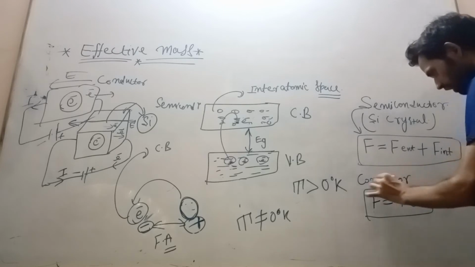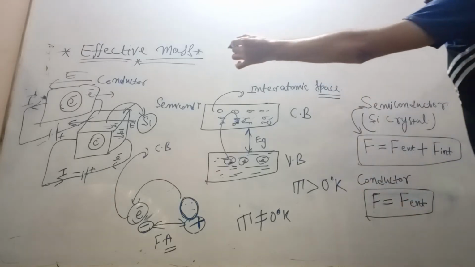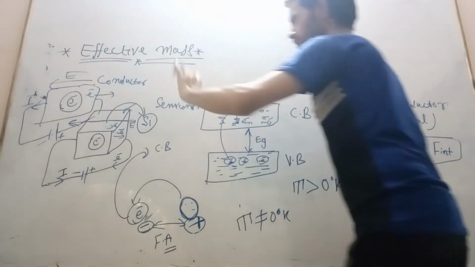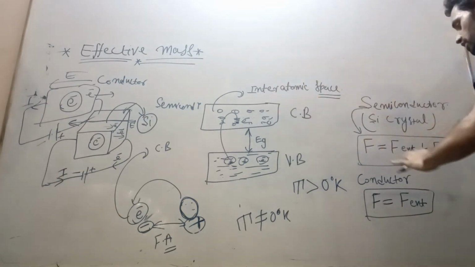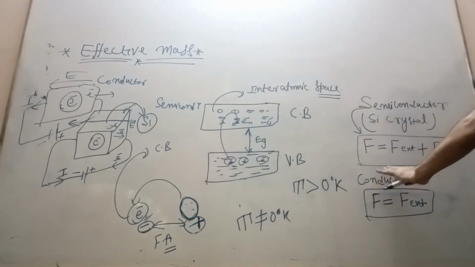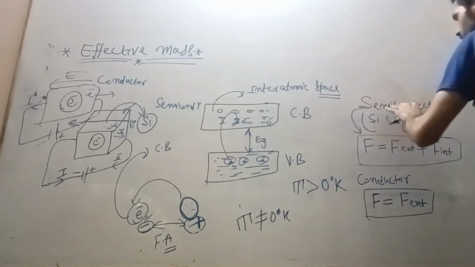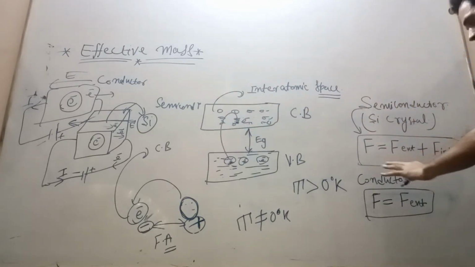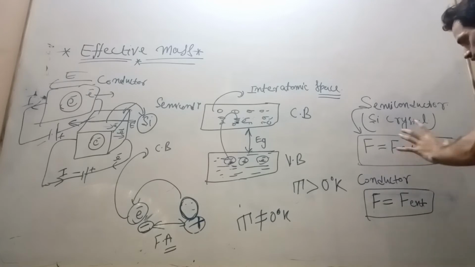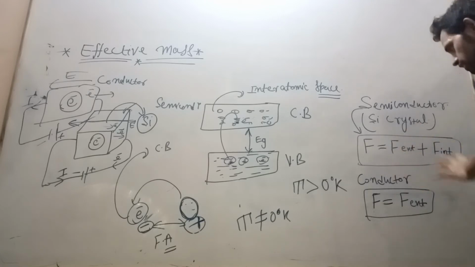Whenever I say an electron in free space, understand that it is an electron inside the conductor. Whatever electron we assume inside the crystal is inside the semiconductor. This is the basic difference between the two.